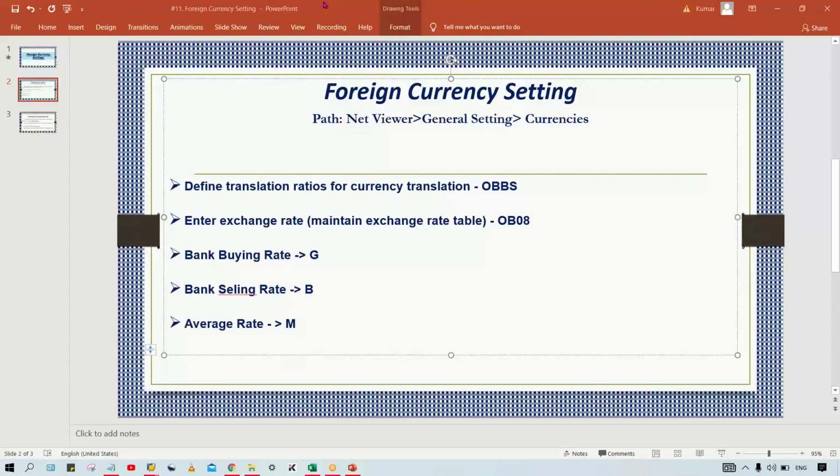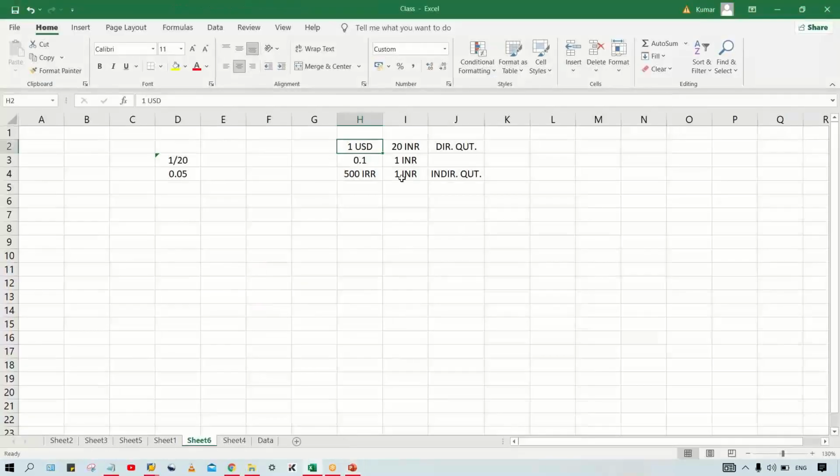Now here, guys, first of all I have to explain this one once again, you guys are saying, right? So see, direct quotation and indirect quotation. You forget about this. We have two rates, right? One is called direct quotation.